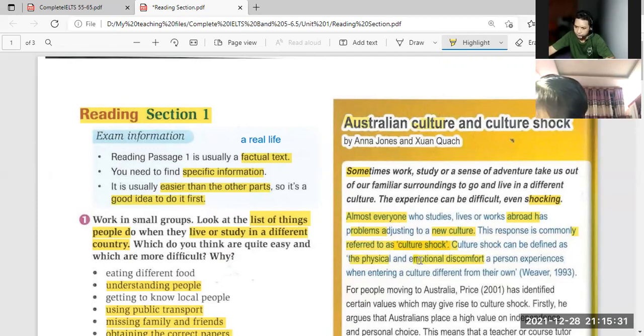So feeling is the same as emotional, but here there's also physical. Do you know physical? No. Physical is like your body. Not only your feeling, but also your body, everything.